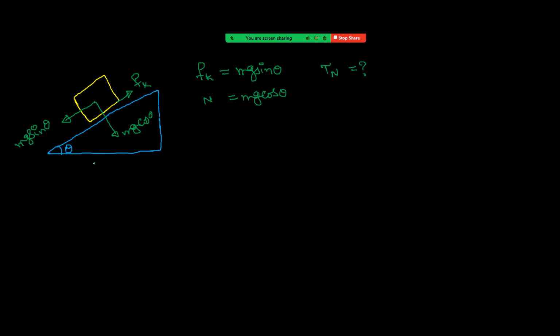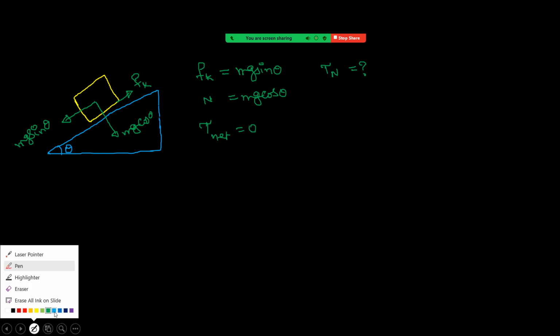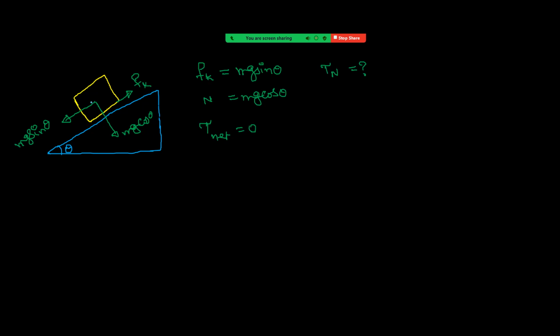Okay. Let us see carefully. Net torque is 0 because of uniform velocity, only sliding. So I'm taking now about center of the block net torque equal to 0. Then see what happens.